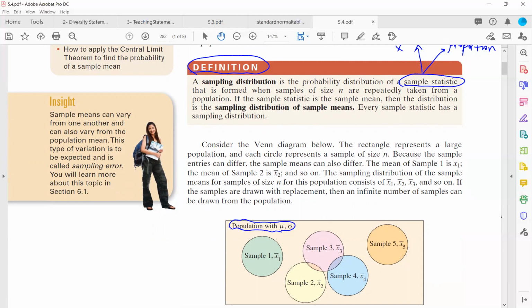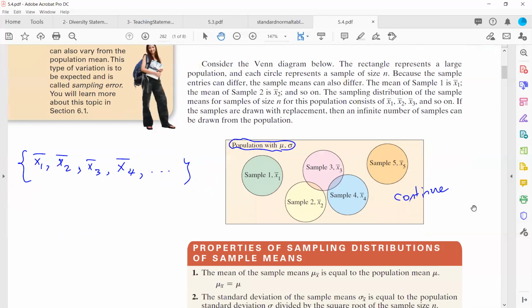And the mean of the last sample is x sub 5 bar. We can continue this process and create new data using the means x1 bar, x2 bar, x3 bar, x4 bar, and the rest of them. You can repeat this process 1,000 times. There is no restriction there.